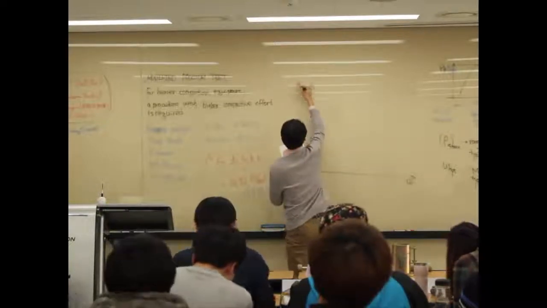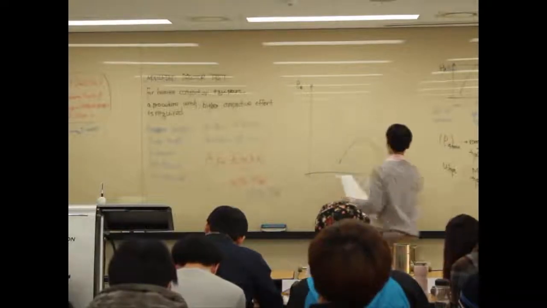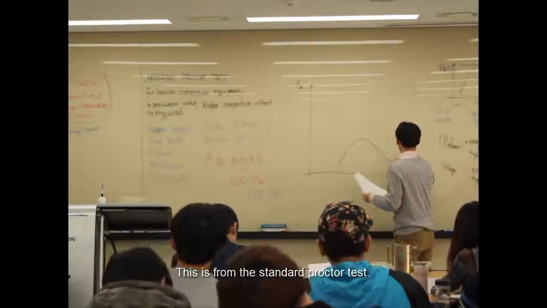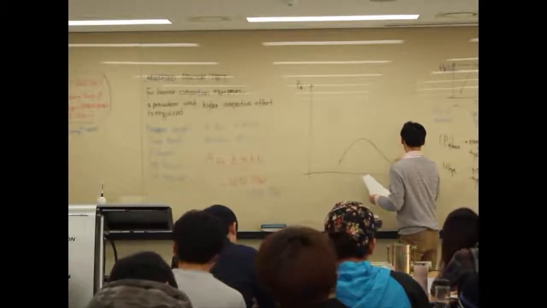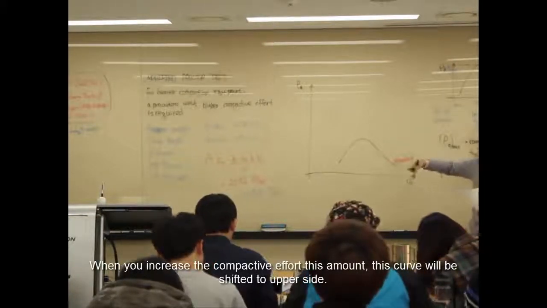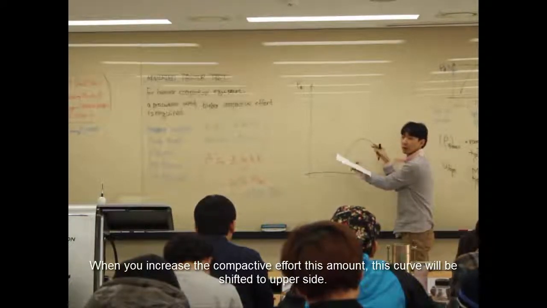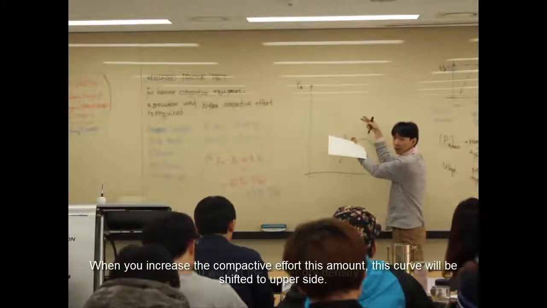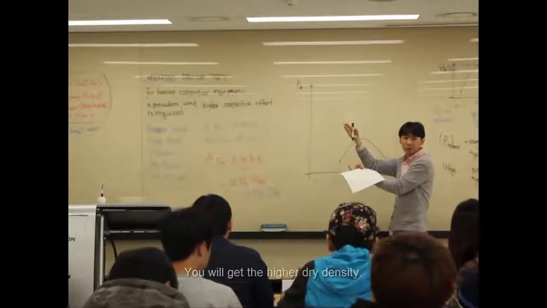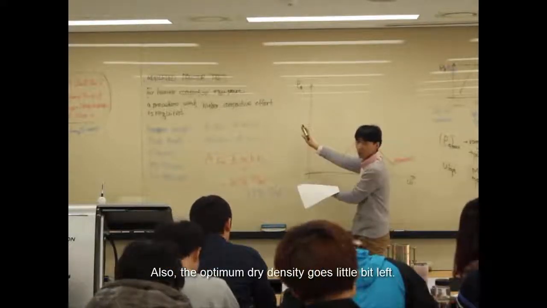Water content and dry density. So here, this is from the standard Proctor test. And when you increase the compactive effort, this curve will be shifted to the upper side, right? You get a higher dry density, and also the optimum water content goes a little bit less.